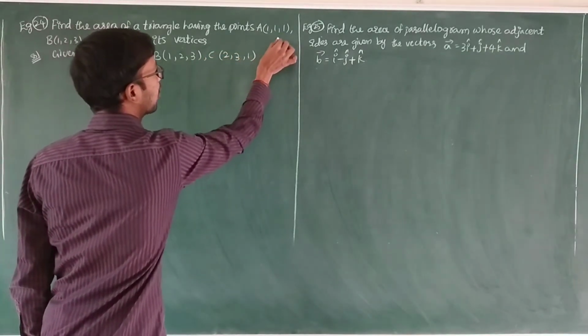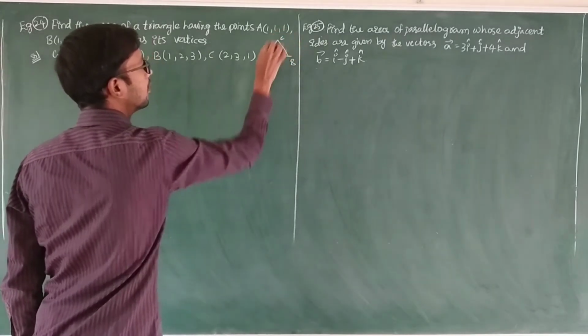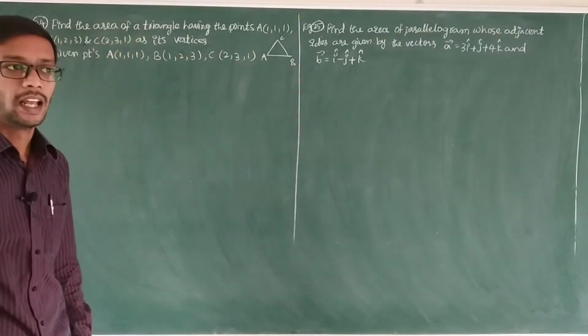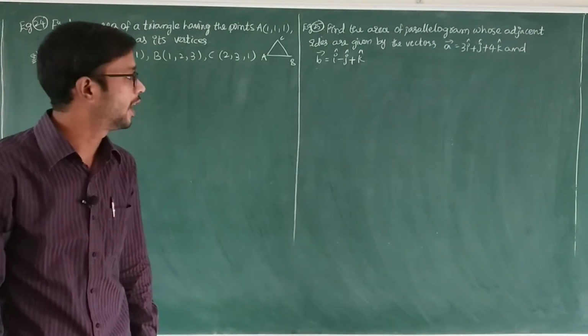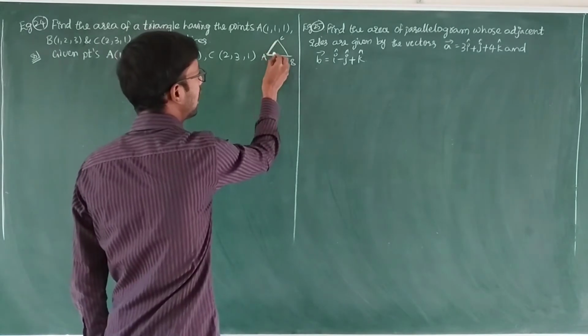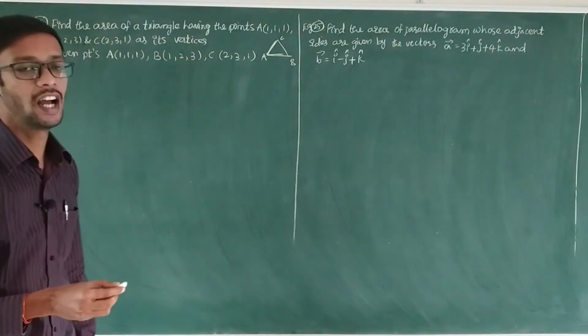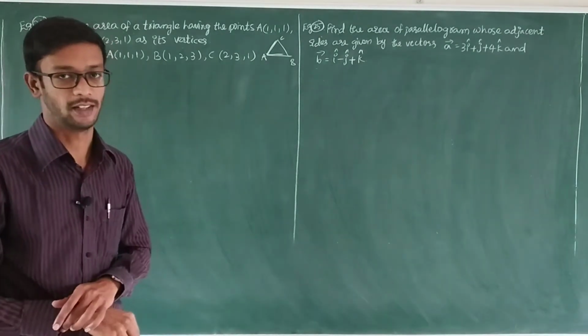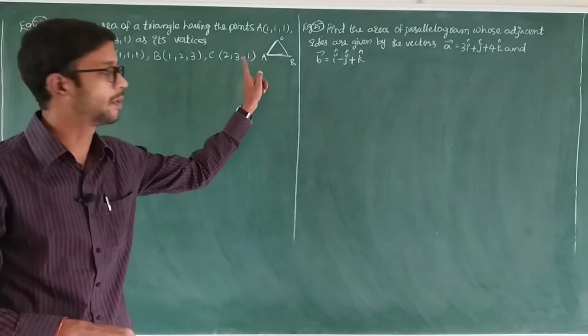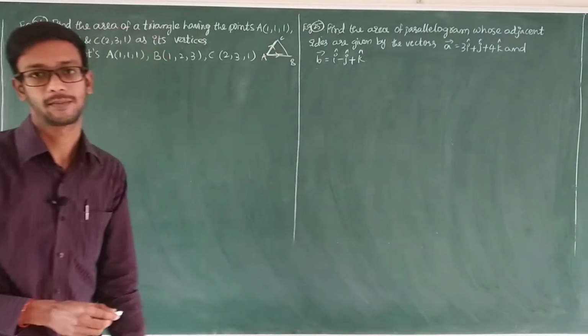For example, I am drawing a diagram ABC. If we know any two adjacent sides, we can find the area of the triangle by using the vector concept. So I am taking two adjacent sides, AB and AC, as two vectors.